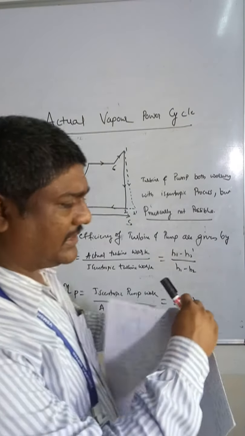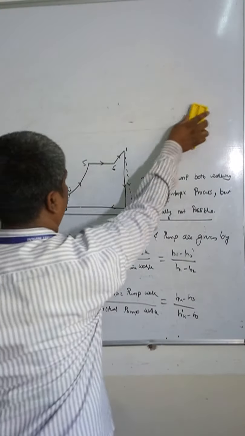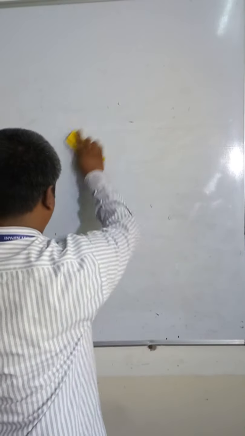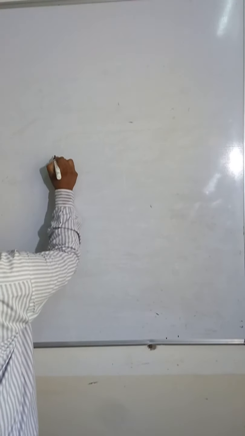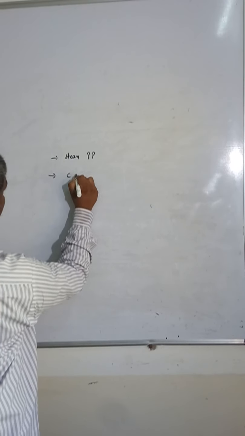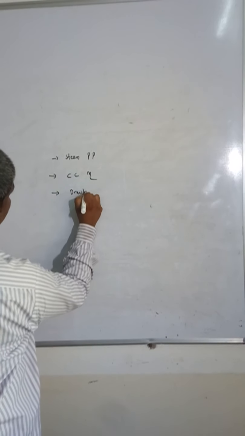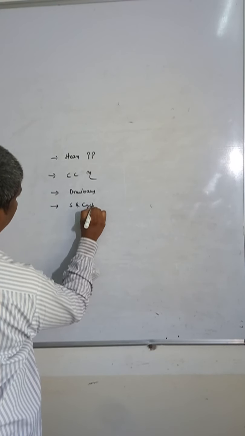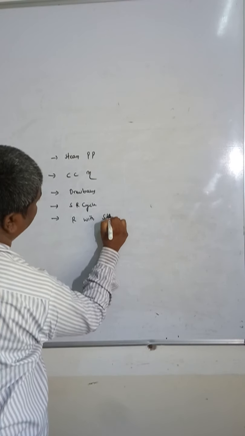So whatever we have discussed till now, once again I will just have a glance. We have studied the steam power plant, second, the Rankine and Carnot cycle and efficiency, drawbacks, a simple Rankine cycle, and Rankine cycle with superheat.